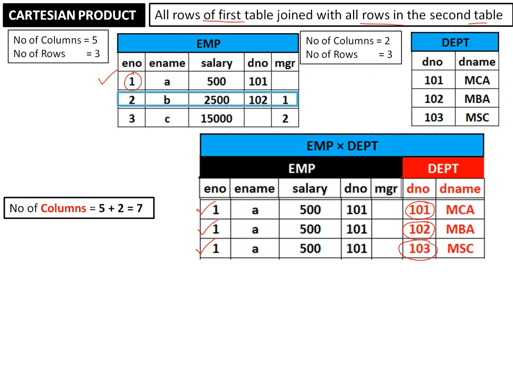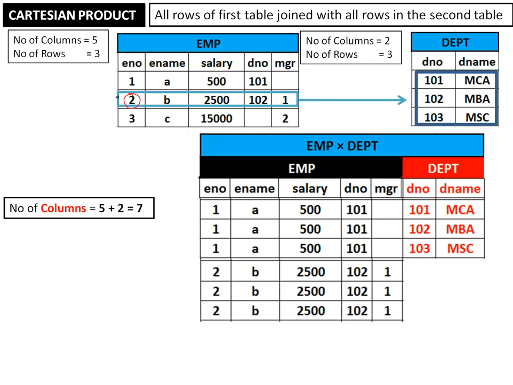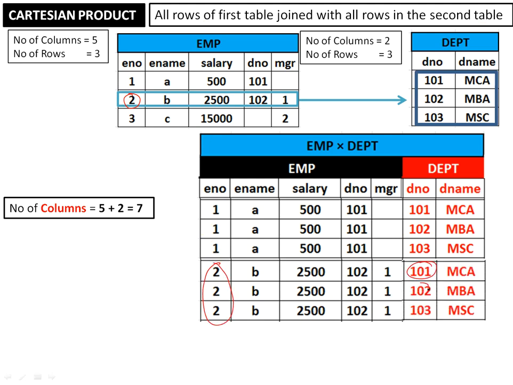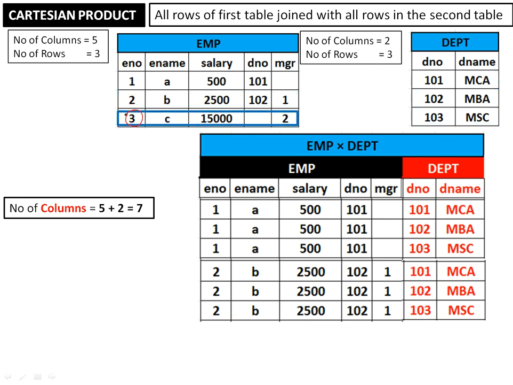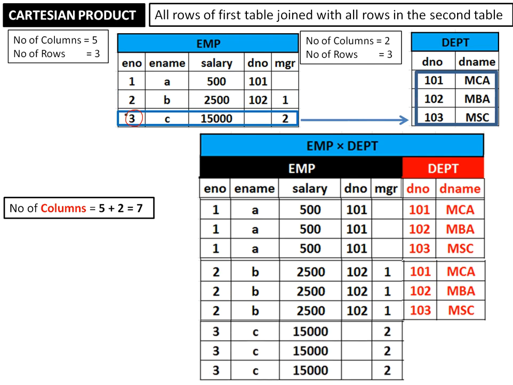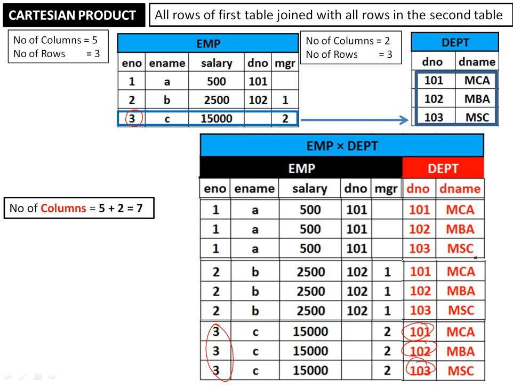Similarly, employee number 2 also appears 3 times in Cartesian product. 2 with 101, 2 with 102 and 2 with 103. Similarly, employee number 3 also appears 3 times in Cartesian product. 3 with 101, 3 with 102, 3 with 103. This is called Cartesian product.